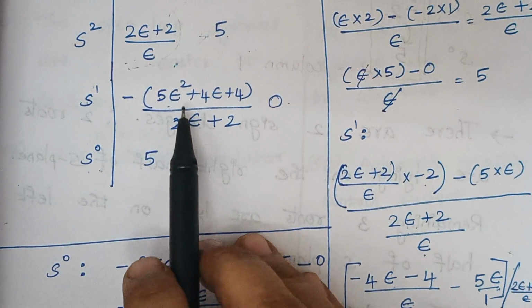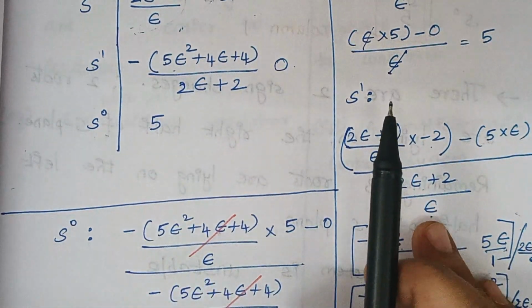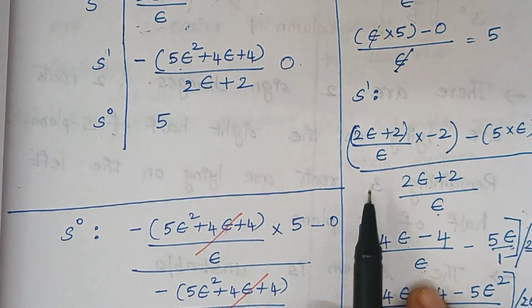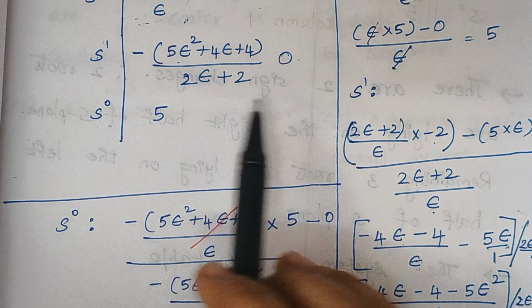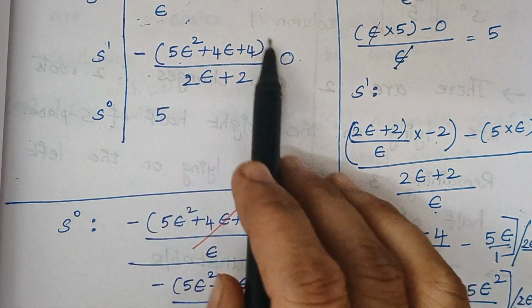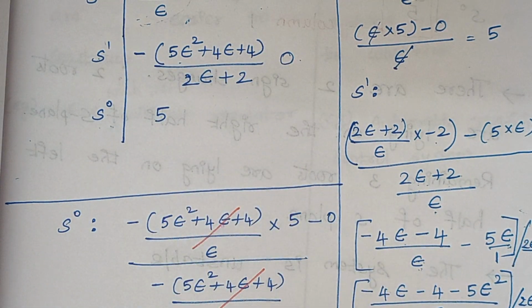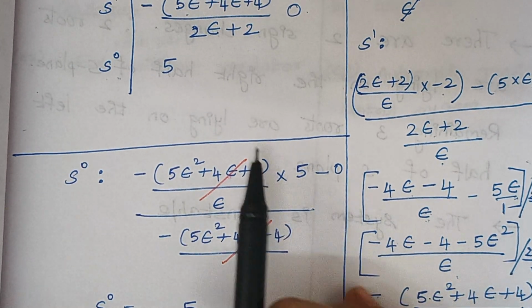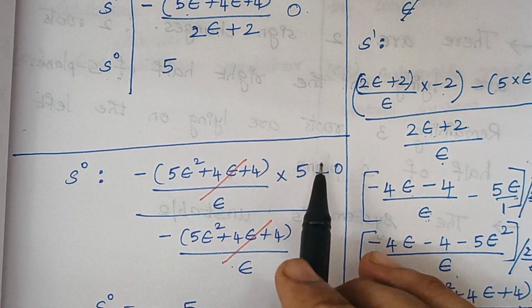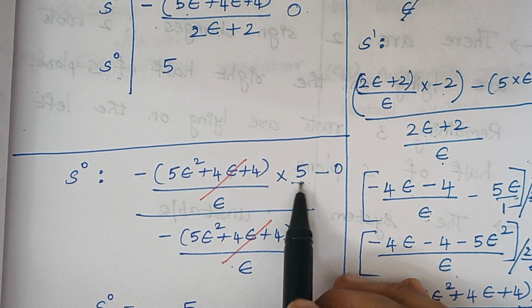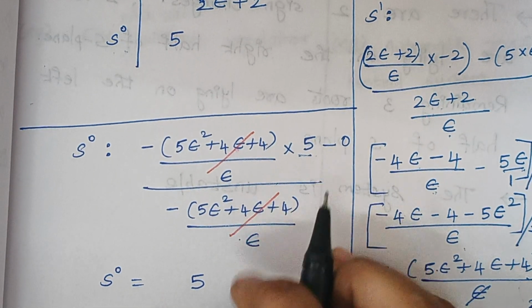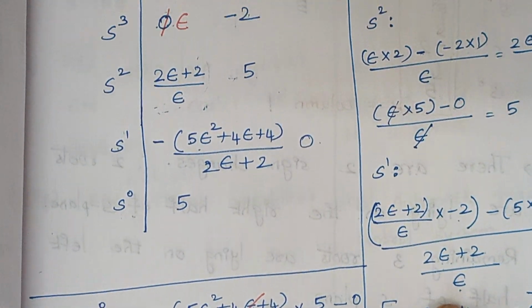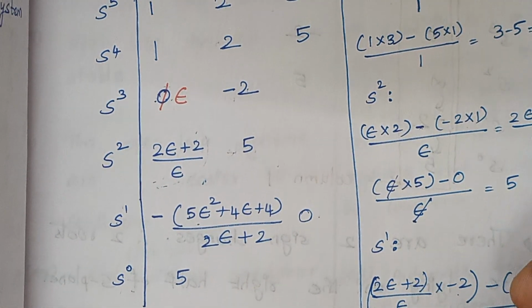Right, this term gets multiplied by 5 minus 0 into 2 epsilon plus 2 by epsilon is 0. So the whole term divided by the corner element. So here in this case, you see these two terms cancel each other and the remaining term is 5 here. So s to the power 0 is equal to 5, right? So here I had written 5.